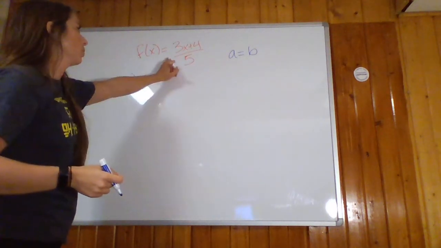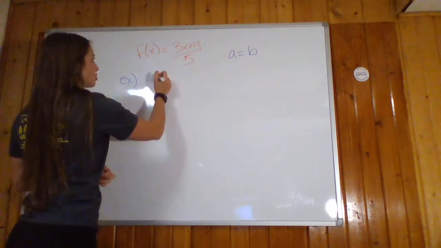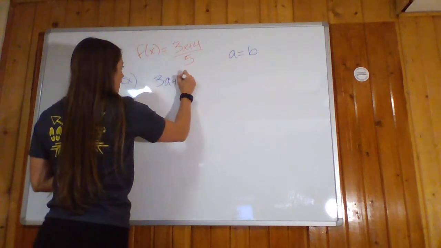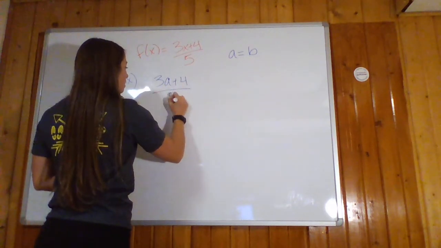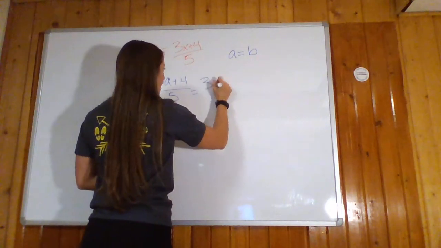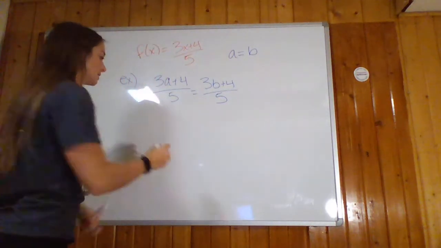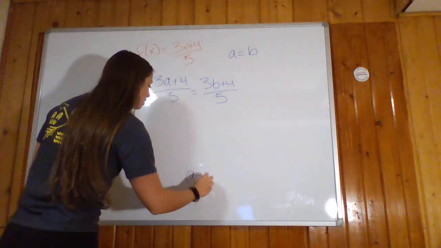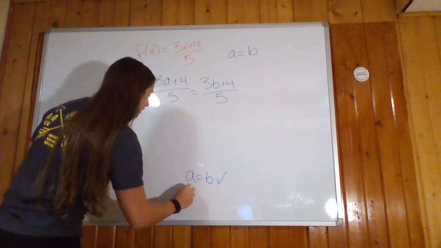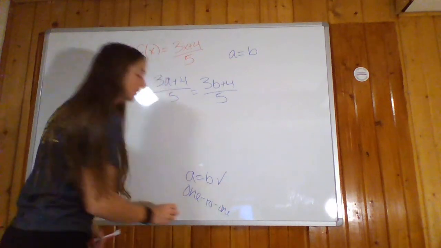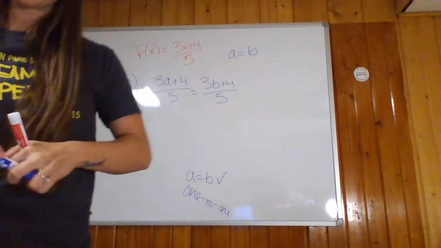So in this example, my function is 3x plus 4 over 5. In this first one, I replace x with a, and in the second one, I replace x with b. If I can get down to a equals b, then it's one-to-one. If not, then it's not one-to-one.